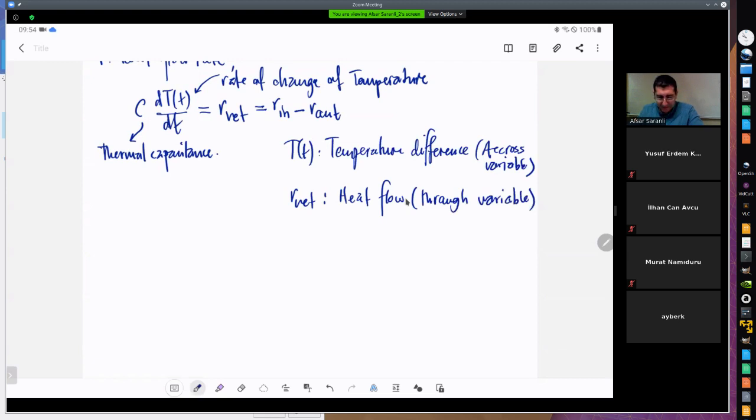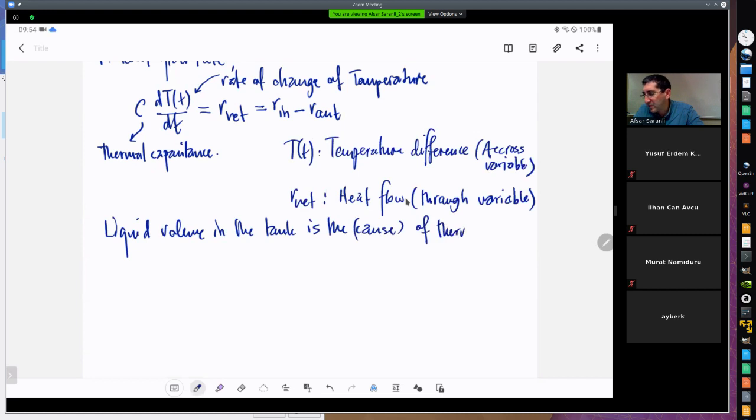And the liquid's volume in the tank is, we can say, the cause of thermal capacitance.